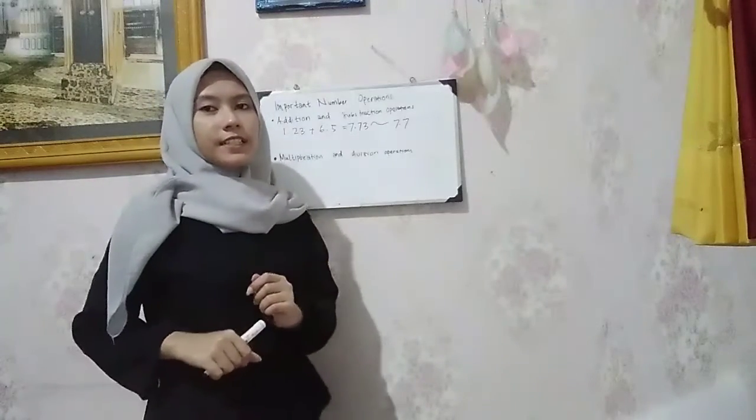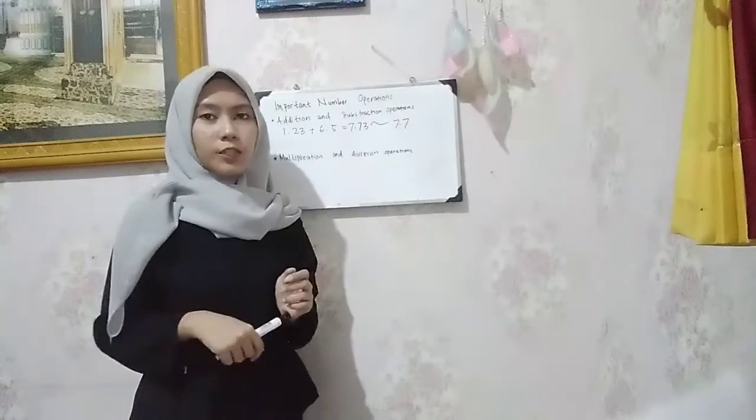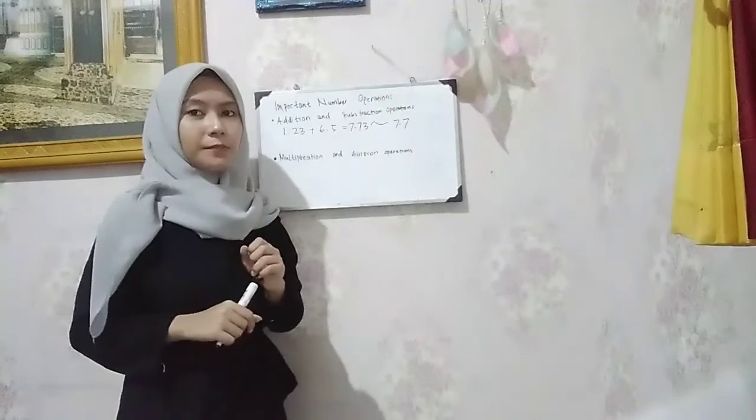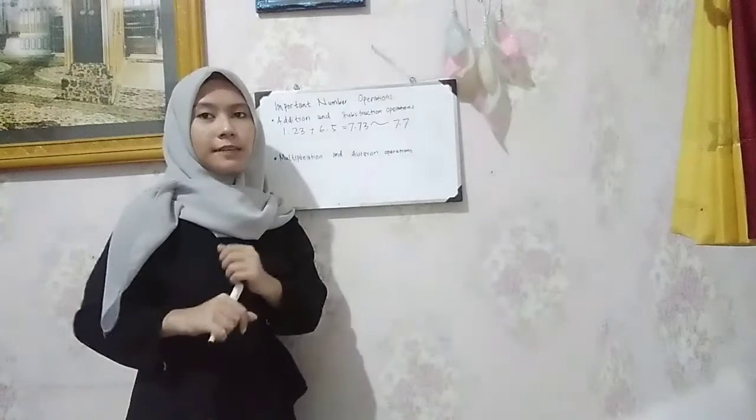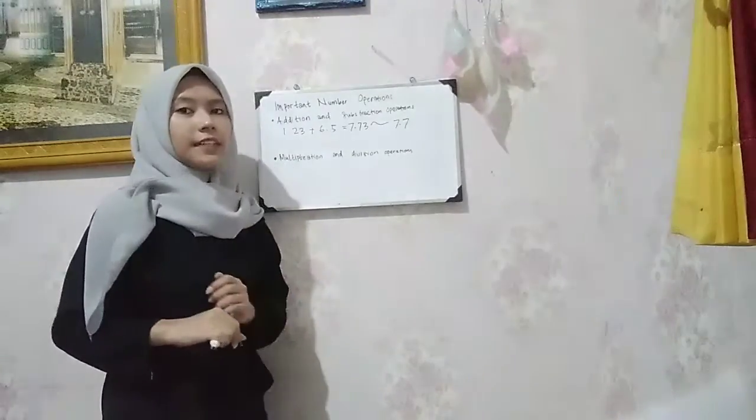Multiplication and division operations. If using the important numbers rule, the multiplication result between two or more numbers produces a number whose number of important numbers equals the least important numbers.